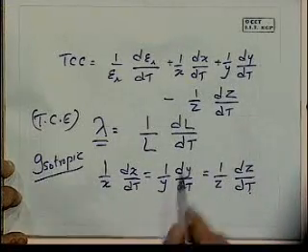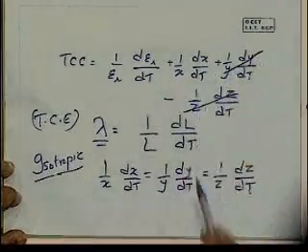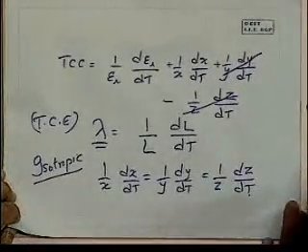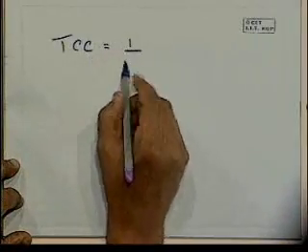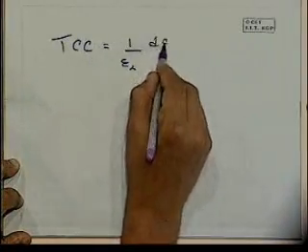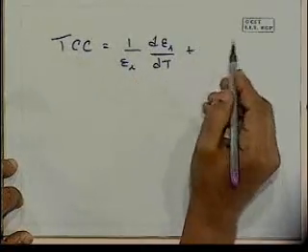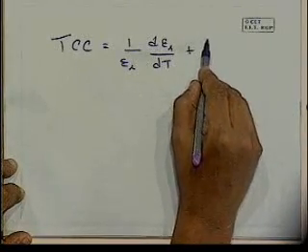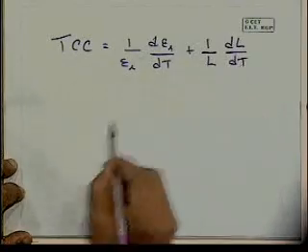If that is the case, then I can simply cancel any two of these because we are subtracting one from the other, right? And I'm left then with TCC equal to 1 by epsilon r d epsilon r by dT plus x or y, 1 by x dx by dT or 1 by y, whatever we take, we will simply write it as 1 by L dL by dT.